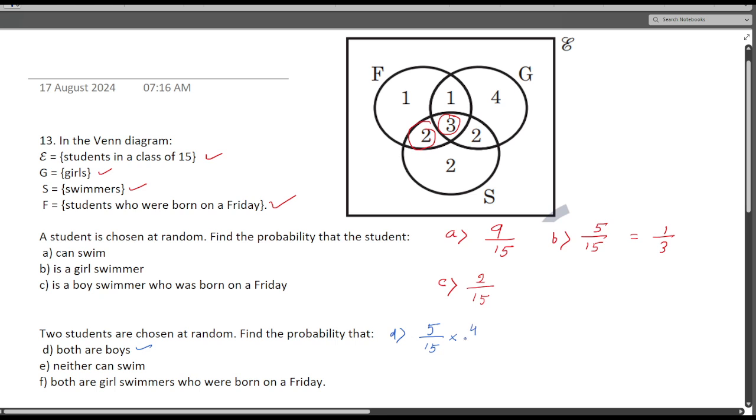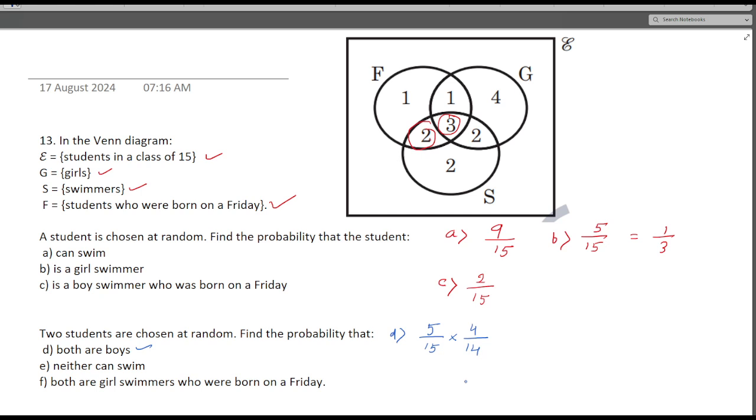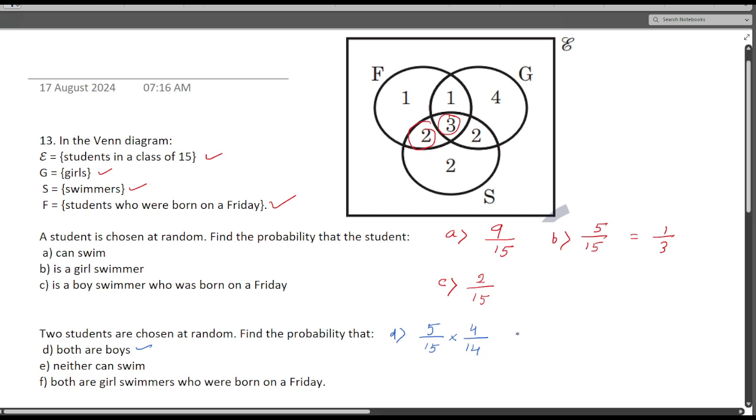Then the second student is a boy is 4 divided by 14. After choosing the first boy, my total number of boys will change, and at the same time, the total number of students will also change. So the result will be 5 divided by 15 is 1 divided by 3, times 4 divided by 14 is 2 divided by 7. So the result is 2 divided by 21.